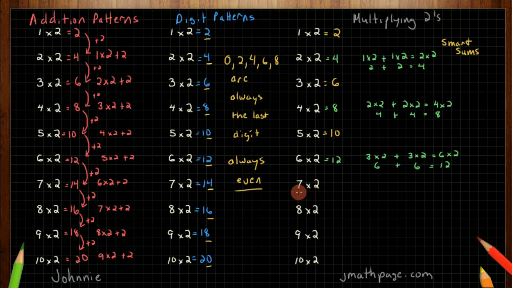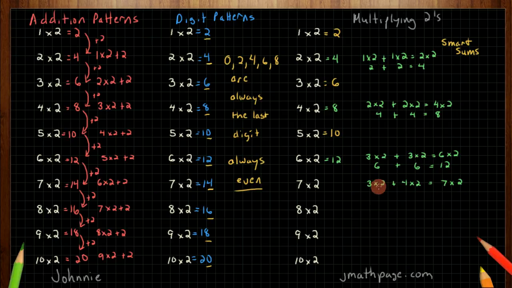Well, we can break the 7 into numbers we know. We know that 3 plus 4 makes 7. So let's use these two to make this one. We know that 3 times 2 plus 4 times 2 is the same as 7 times 2. Okay, so 3 plus 4 makes 7.